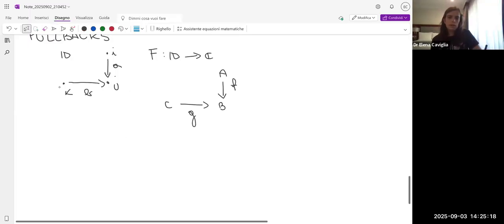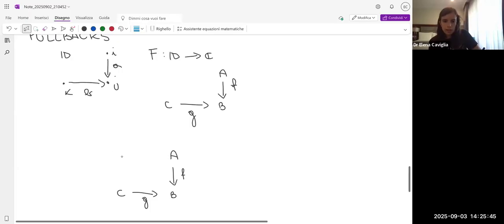So now this was the parameter category, the diagram category, and now we have our diagram embedded into C. And we want to see how this diagram can be completed on the left in the best possible way, right? F, G.